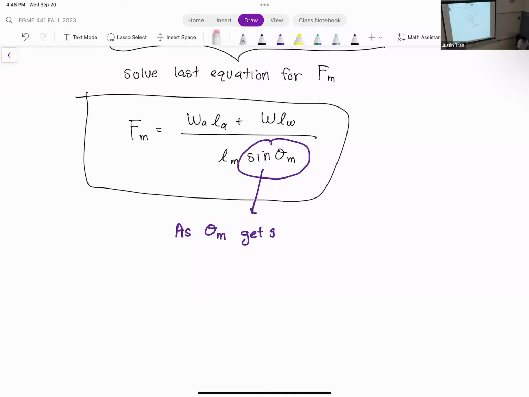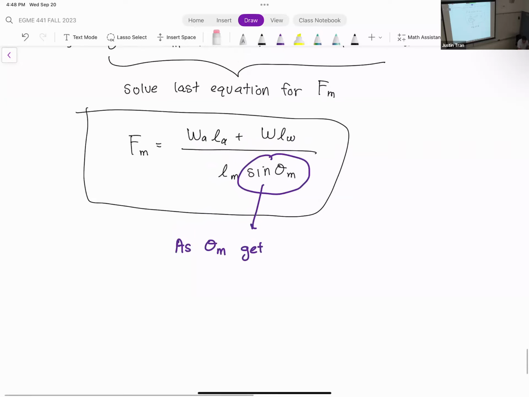So let's first look at the effect when theta m gets small, when theta m basically approaches 0. Geometrically, what's happening is that as theta m gets smaller, the muscle force points more and more parallel to the limb itself.